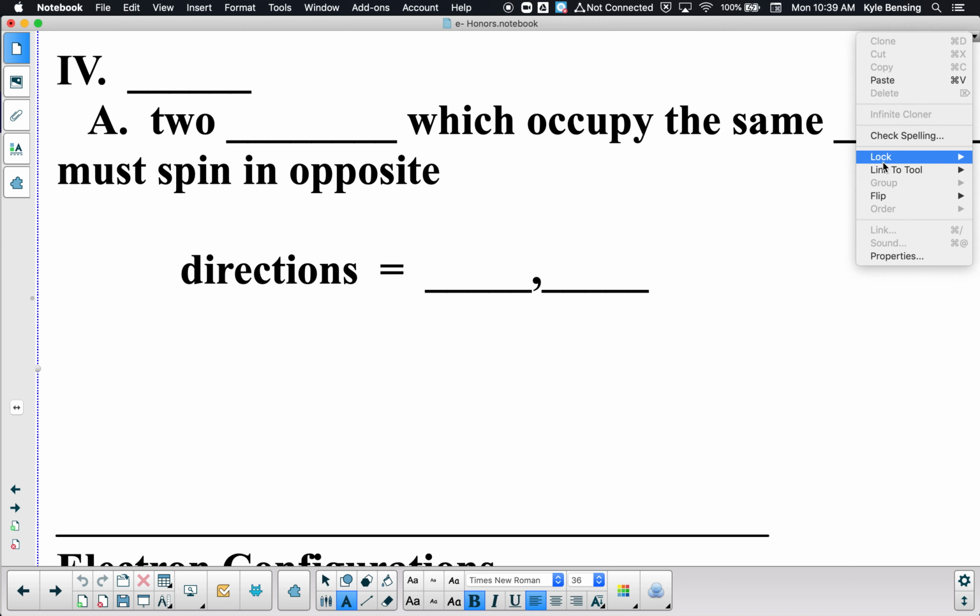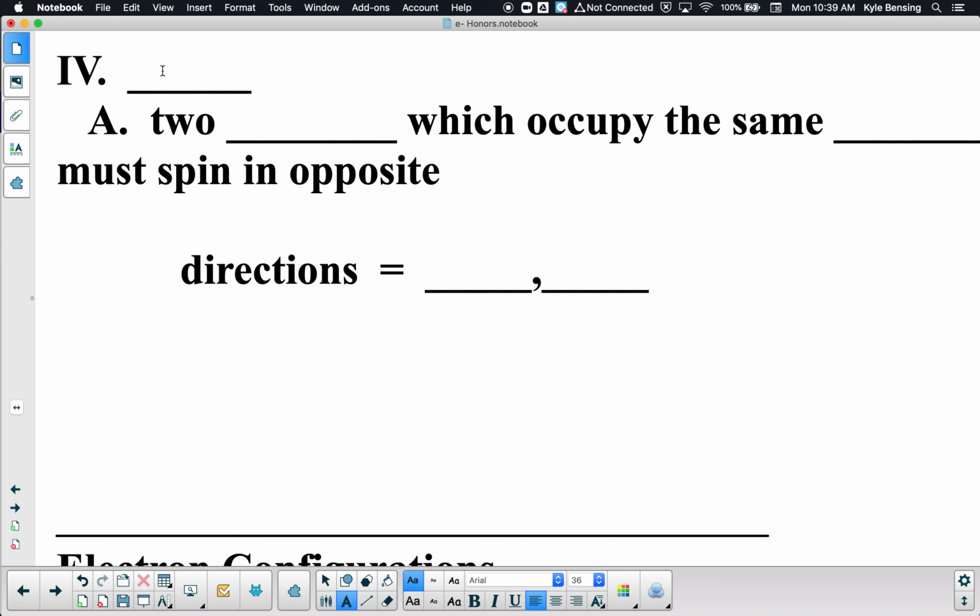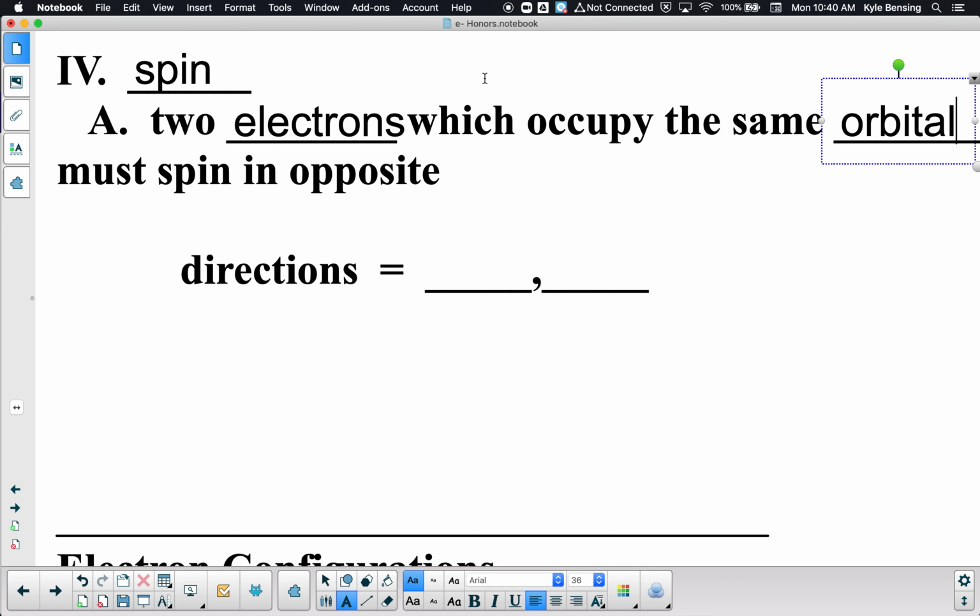Now, if there are only 2 electrons in each orbital, then the spin is very simple. Okay? And here's what it is. So 2 electrons, which occupy the same space, occupy the same orbital, must spin in opposite directions.